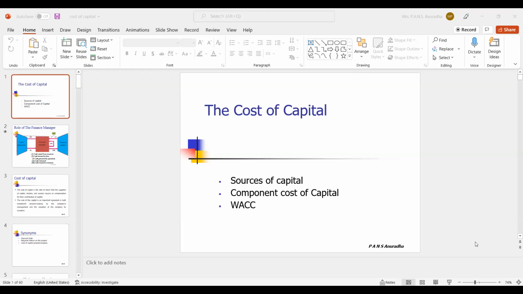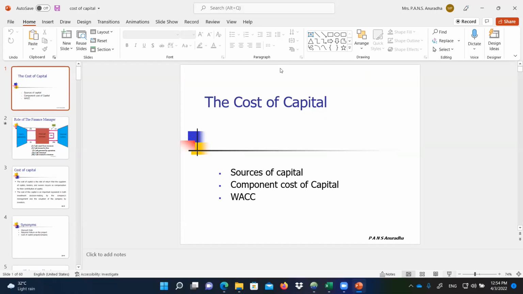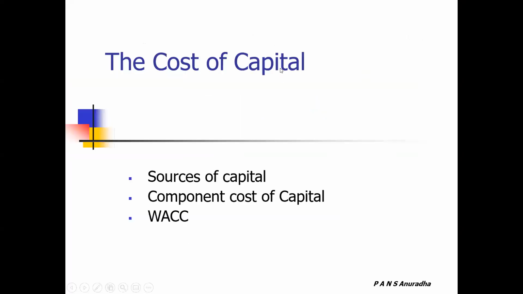Okay. So now I will try to discuss a few things related to the cost of capital without taking much time. That is our next topic. This is not as difficult as risk and return, so you can understand things very easily.